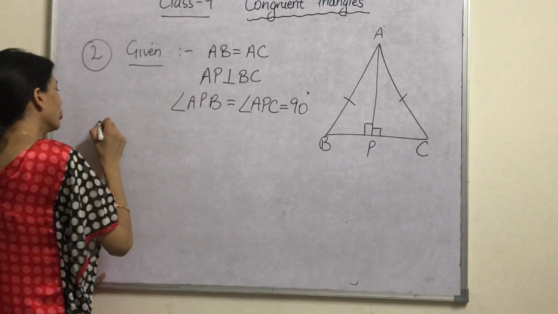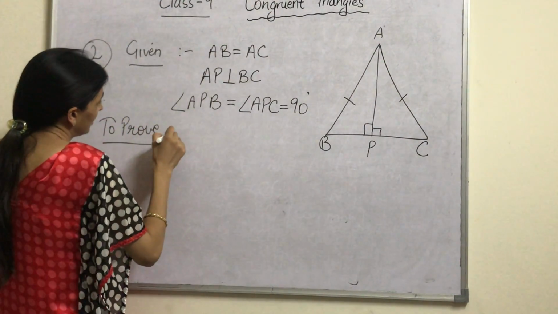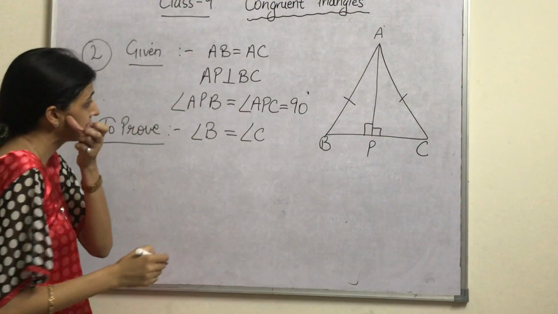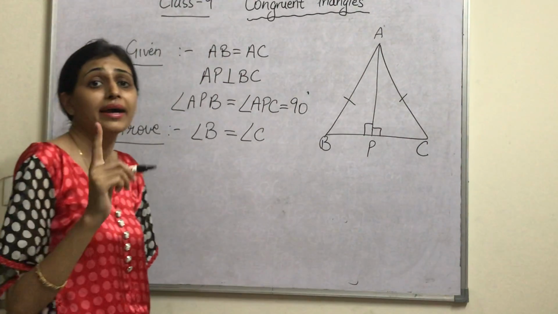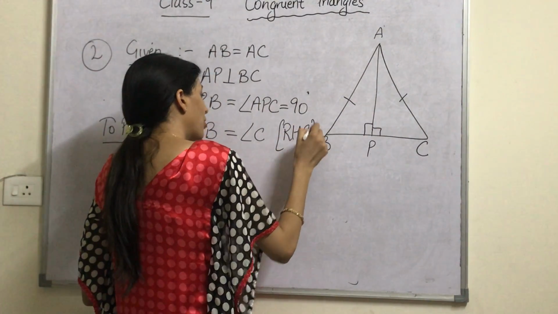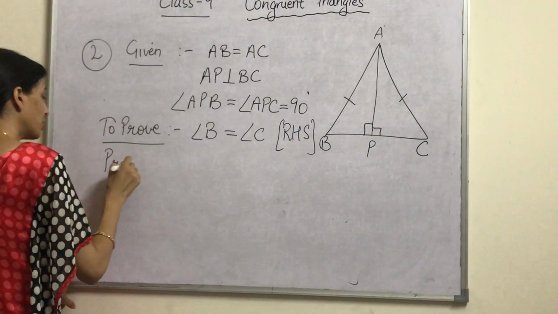What we have to prove? We have to prove angle B is equal to angle C with the help of the RHS property. So let's start with the proof.